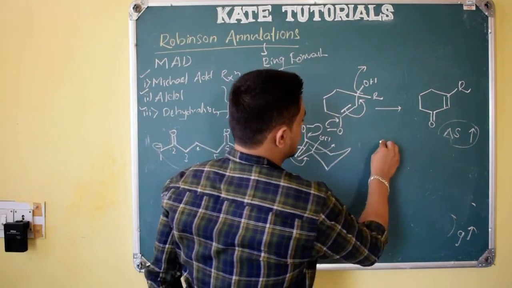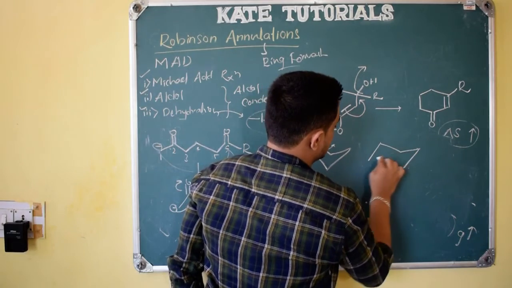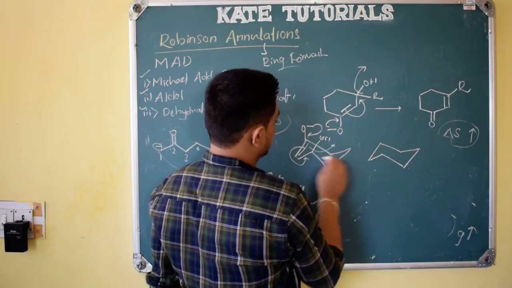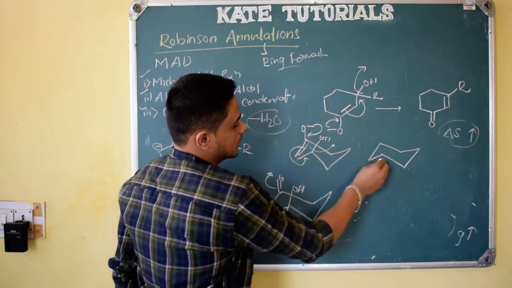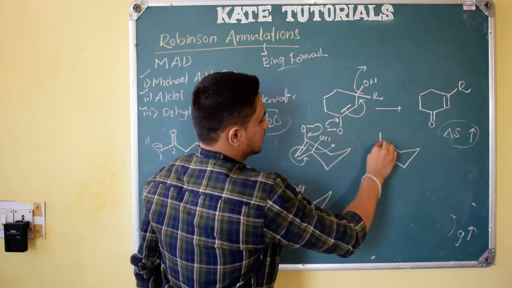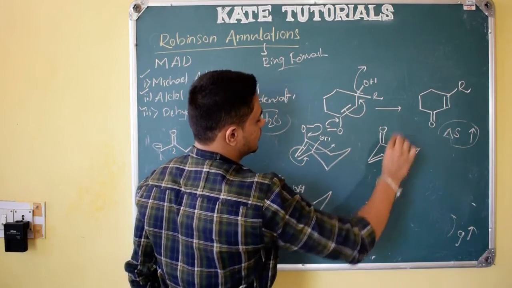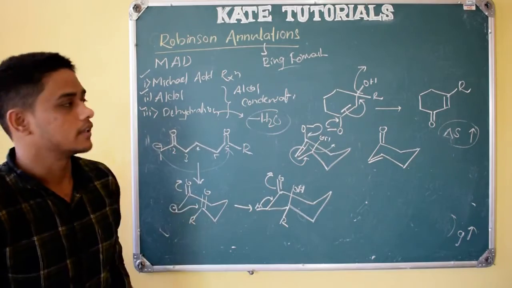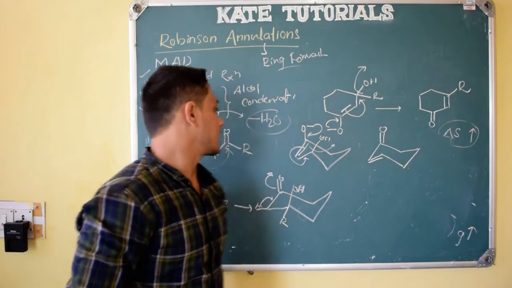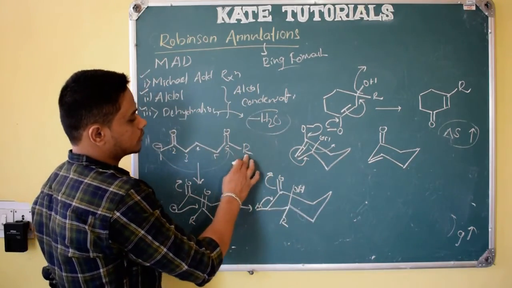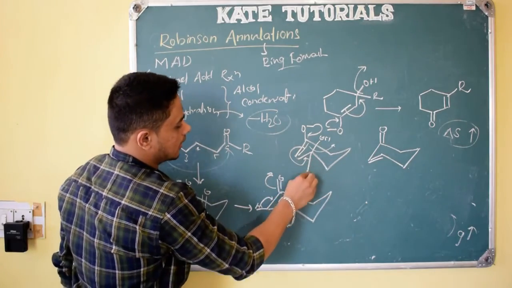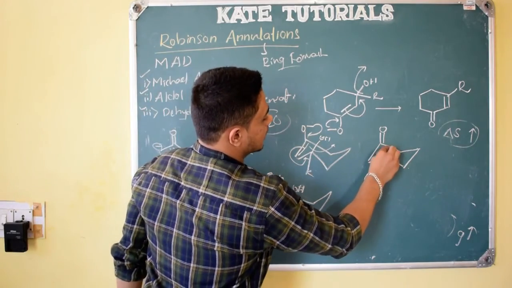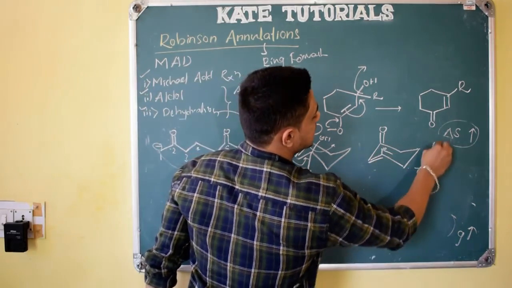I hope you are not getting confused. So here this pi bond will shift, so I get a double bond here, the ketone group as usual, and water is eliminated, and this is the product, right? Same product as before. Here R is at which positions? Here R, and here R, right?